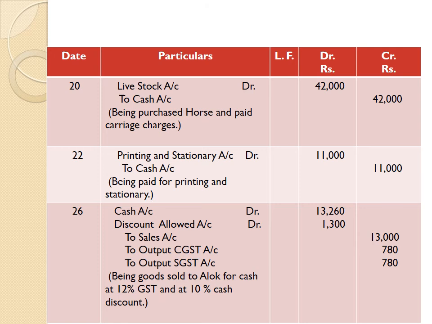So we allowed 10% discount, that is 10% of the value of goods sold 13,000, 1,300. So discount allowed account is debited rupees 1,300, and the difference amount is considered as cash received, actual cash received on account of sale.